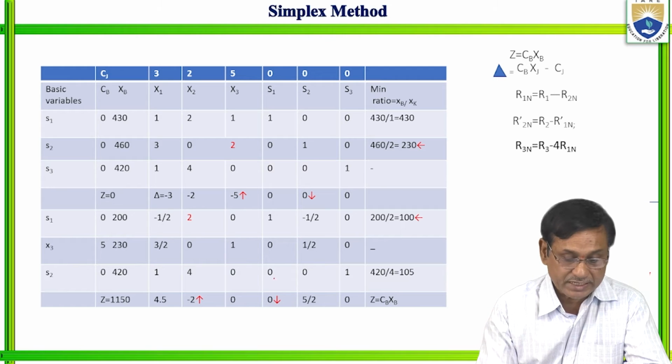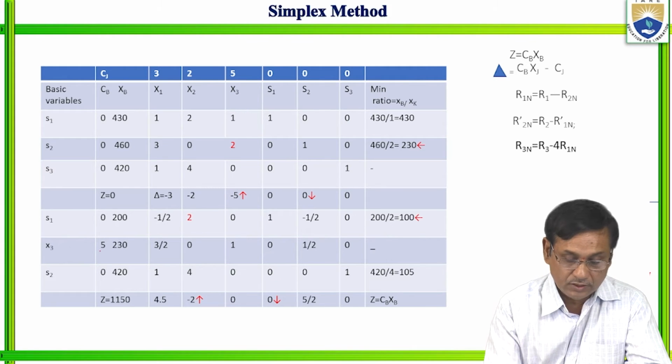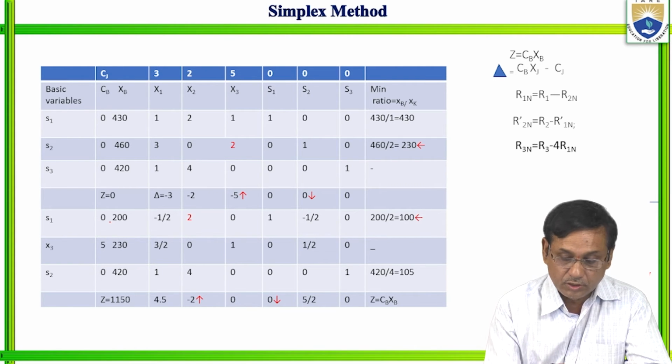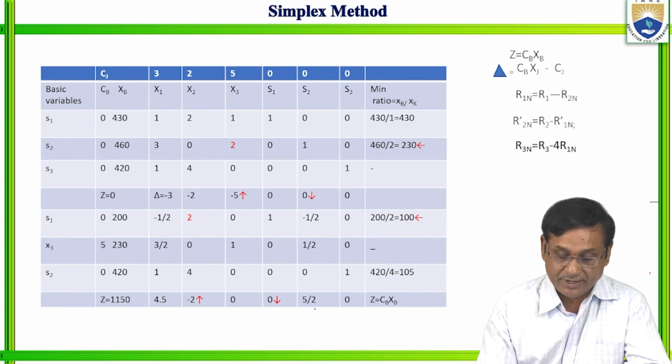Next, corresponding to the S1, this is 0 into 1, 5 into 0, 0 into 0, that becomes 0. Then 0 into minus half, 5 into half, 0 into 0, the value is 5 by 2.